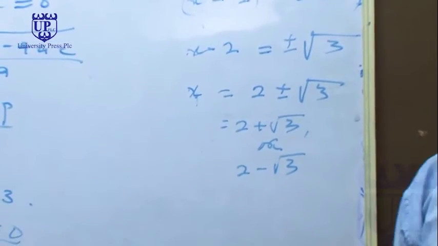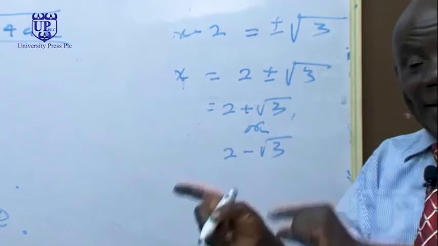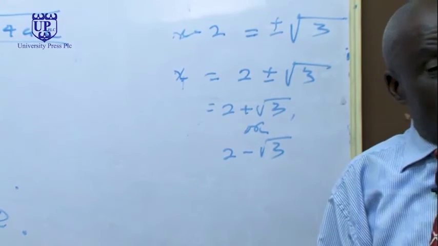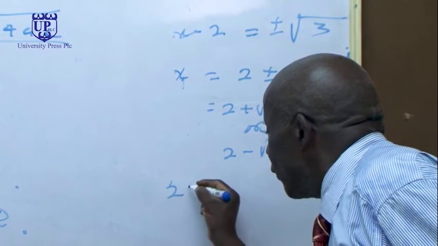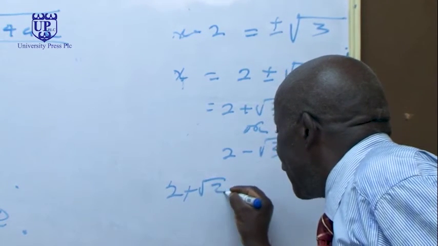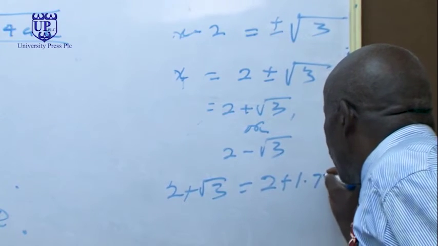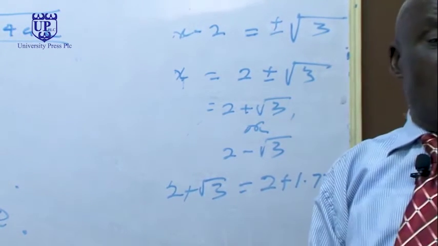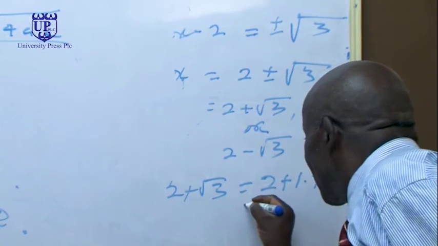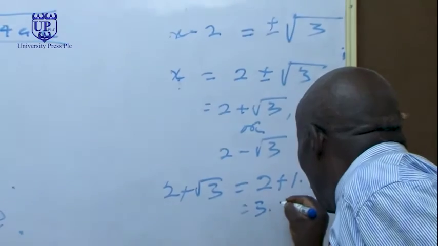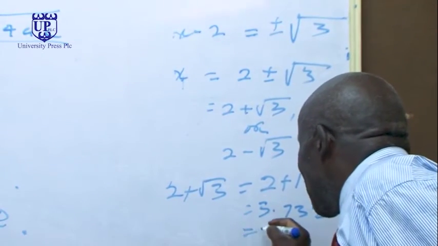If you are asked to leave your answer in short form, you leave it like this. But in that question, it says to one decimal place. So 2 plus root 3 is the same thing as 2 plus 1.732, because the square root of 3 is 1.732. So this is 3.732. To one decimal place, this is 3.7.